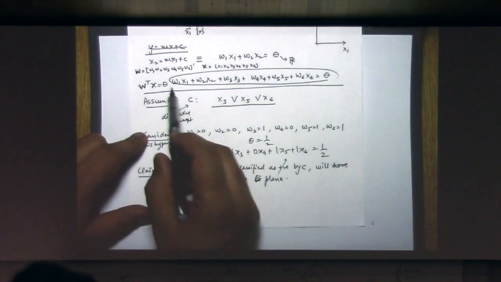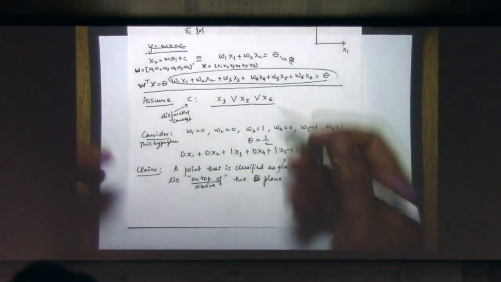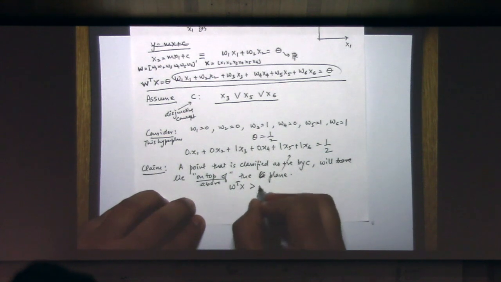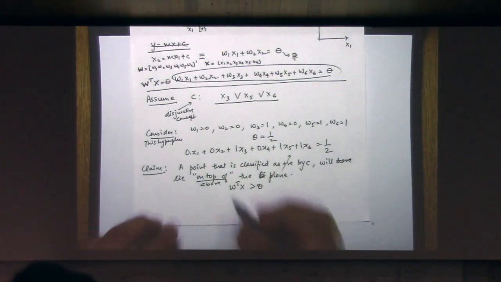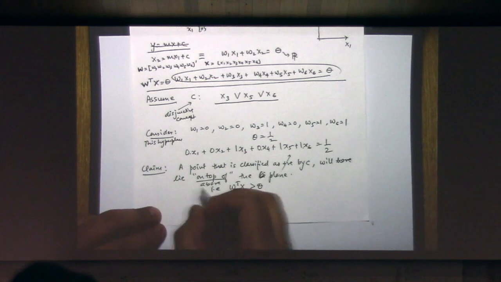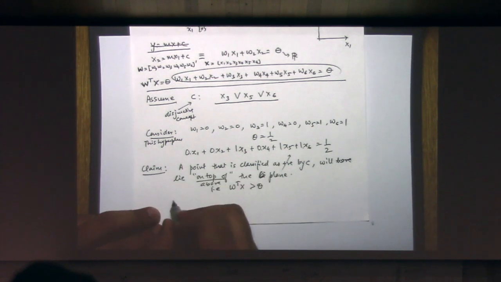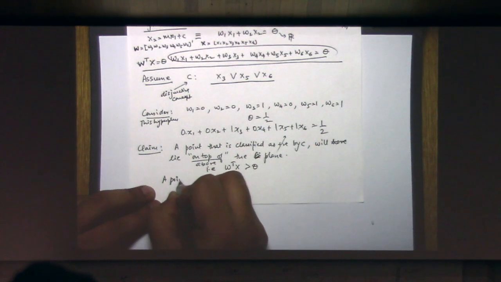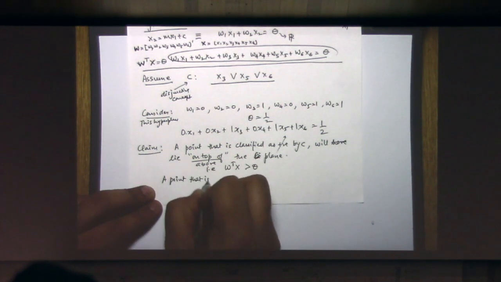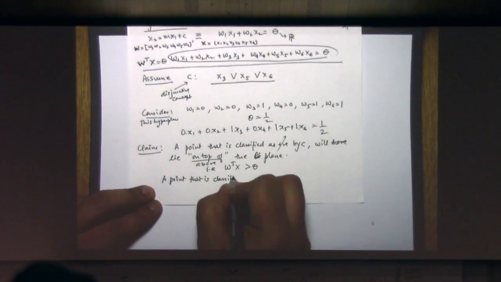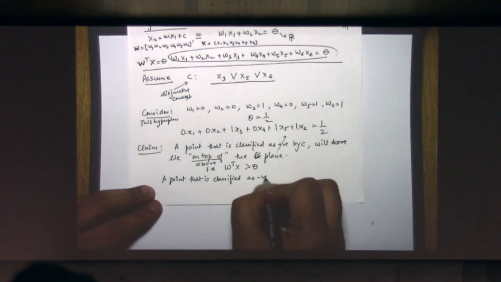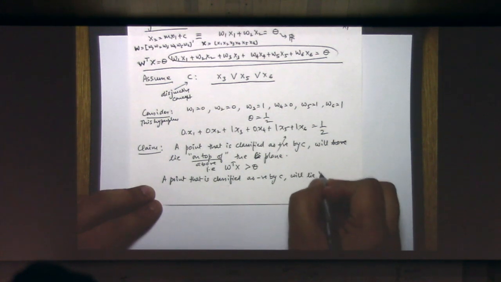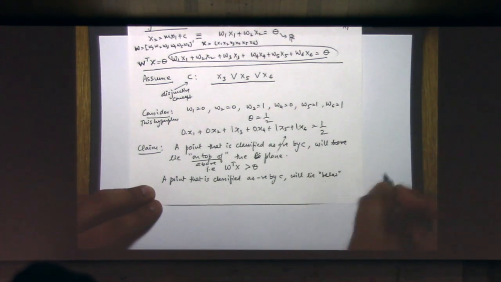Okay, so for any point that is above the line, W transpose X will be greater than theta. And otherwise, a point that is classified as negative by C will lie below the plane.